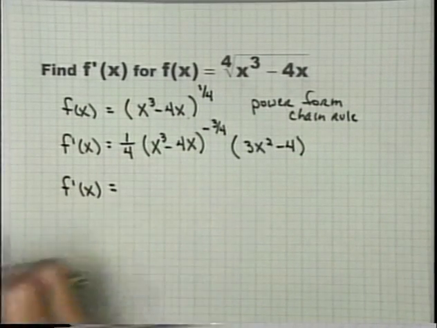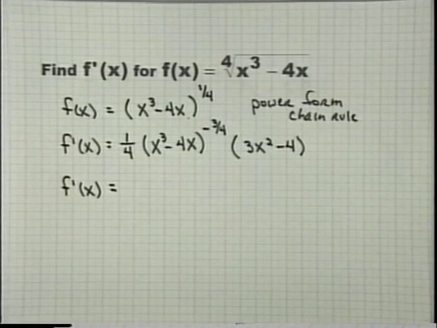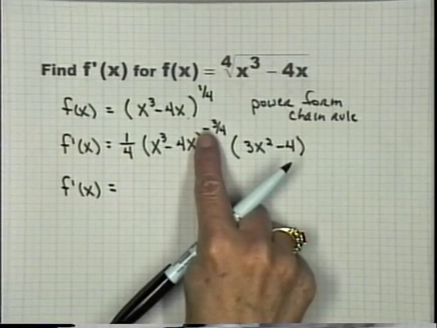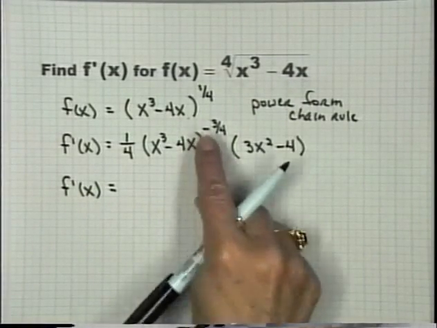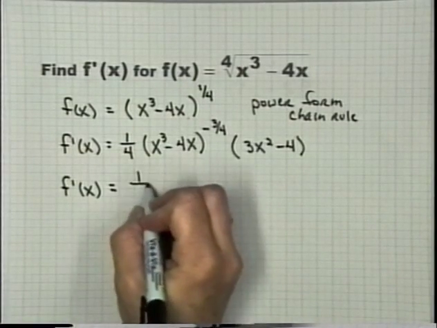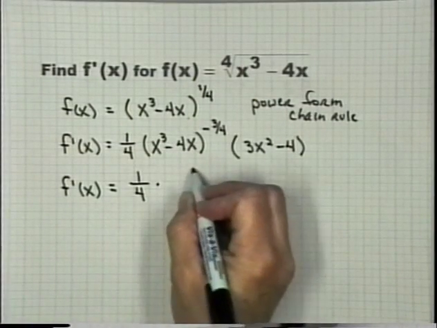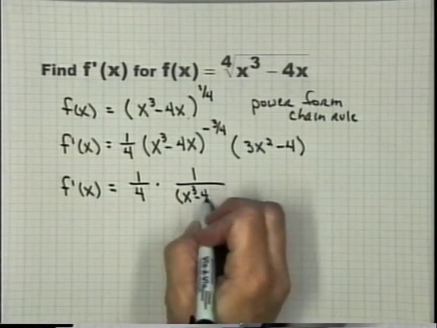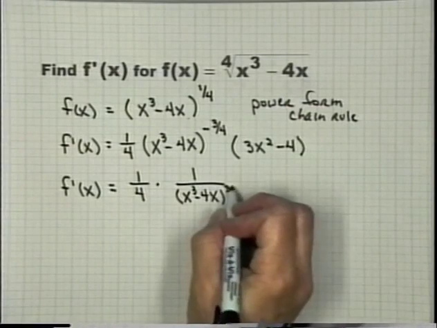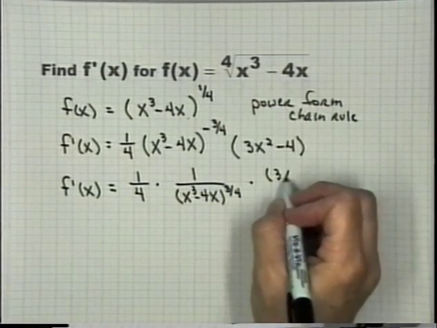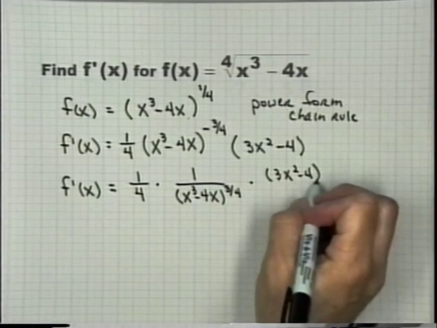Okay? Now, at this point we have the derivative, but we're going to do some simplifying. Now, this is sort of the standard simplification that is expected. First of all, we generally do not leave negative exponents. But recall that all a negative exponent has you do is to put that quantity as 1 over that. So this is 1/4 times 1 over the quantity x cubed minus 4x to the positive 3/4 power, times the quantity 3x squared minus 4.